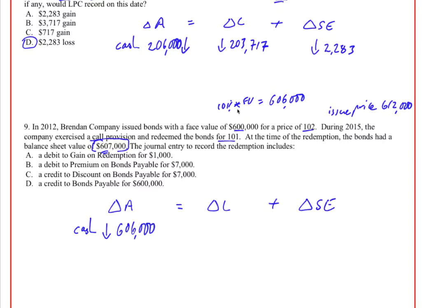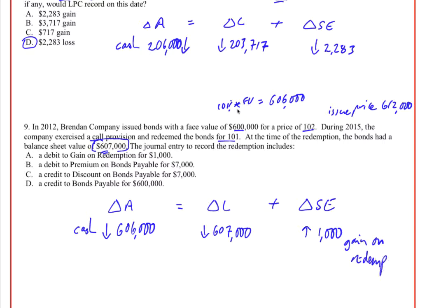Liabilities go down by whatever the book value of the bonds was at the time of redemption, 607,000. If liabilities go down by more than the cash, there must be an offsetting increase in stockholders' equity. In effect, that is a gain on redemption.